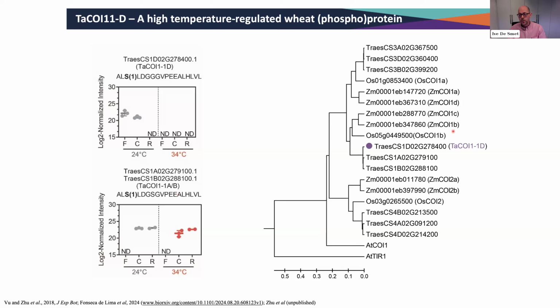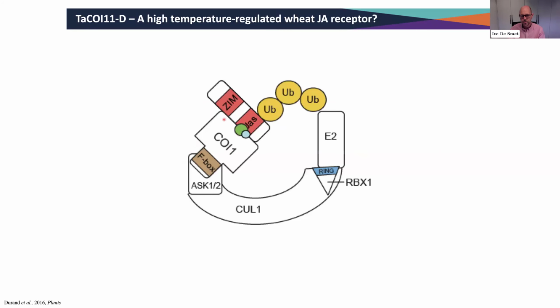This COI1 protein potentially encodes a jasmonate receptor, an F-box protein that is part of an SCF complex that leads to the ubiquitination of the JAZ proteins, which ultimately degrades these and facilitates a jasmonate response.